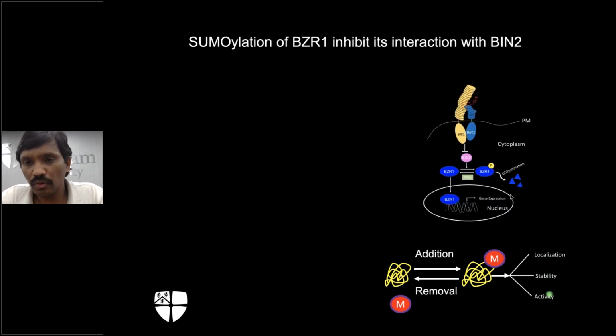So we looked into the phosphorylation. The possibility was that BZR1 is not getting phosphorylated, or if it is not getting phosphorylated, it is not interacting with BIN2. The first possibility was how the interaction between BIN2 and BZR1 is getting modulated.